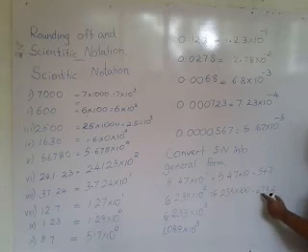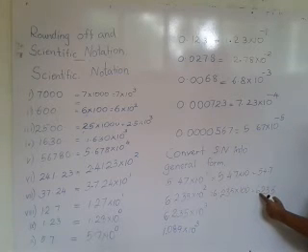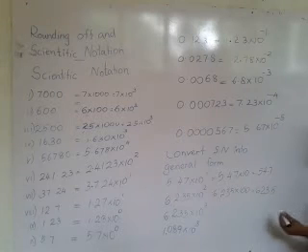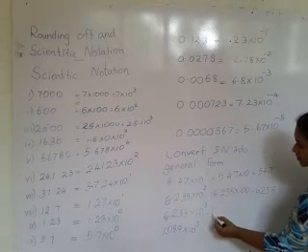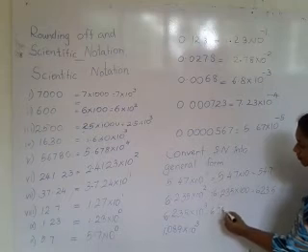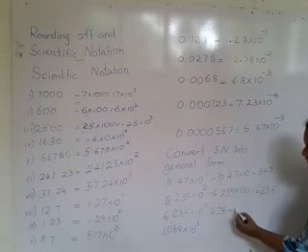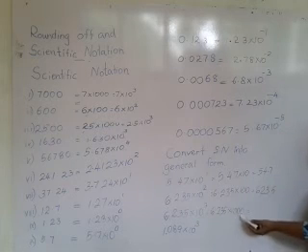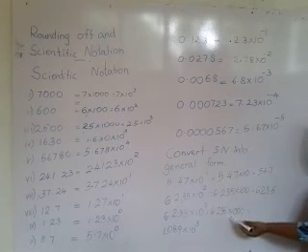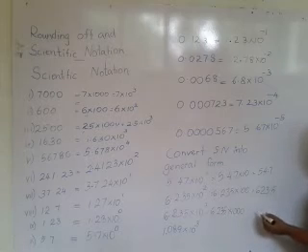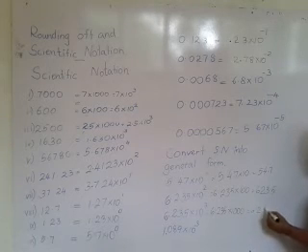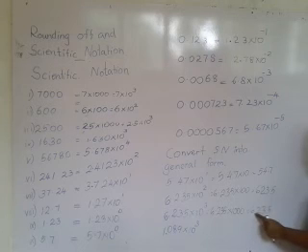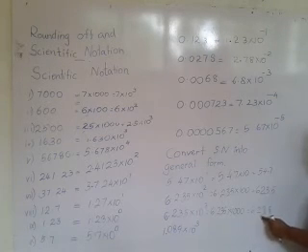Moving the decimal twice, 1, 2. Earlier it is between 6 and 2. So 623.5. Here 6.235 into 10 to the power 3 means 1000. Moving the decimal 3 times. Earlier the decimal is between 6 and 2. I am going to move it 3 times. 1, 2, 3.